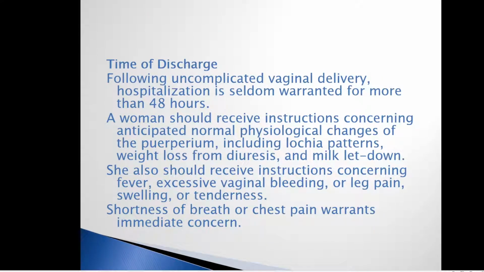Time of discharge. Usually following uncomplicated vaginal delivery, hospitalization is seldom warranted for more than 48 hours. A woman should receive instruction concerning anticipated normal physiological changes of the puerperium, including lochia patterns, weight loss from diuresis, and milk let down.